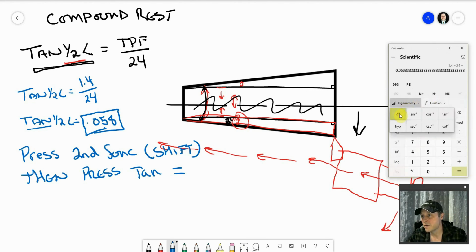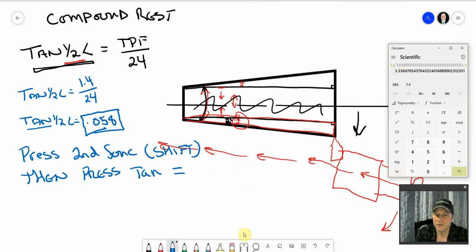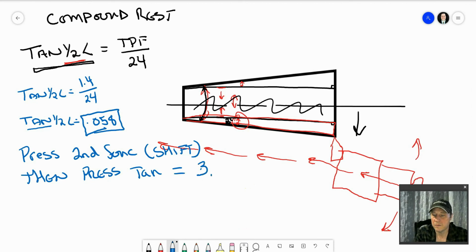Okay, second function, tan, gives me, notice, 3.34 degrees. What this second function tan does is convert a decimal fraction into a decimal degree.